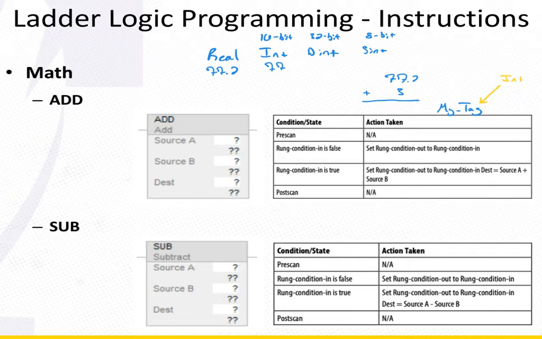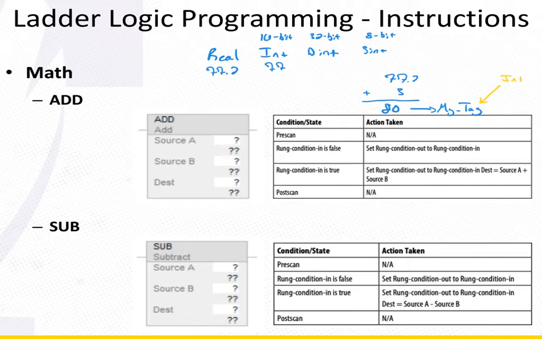So it's going to truncate the real number, add the 3, and store the number 80, not 80.2, into my tag.